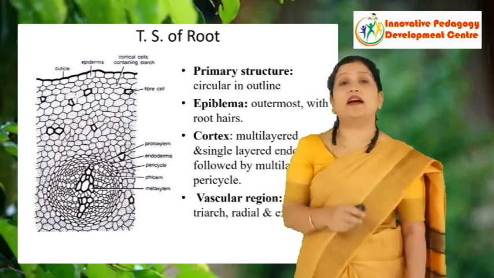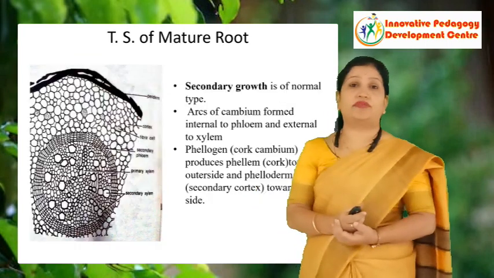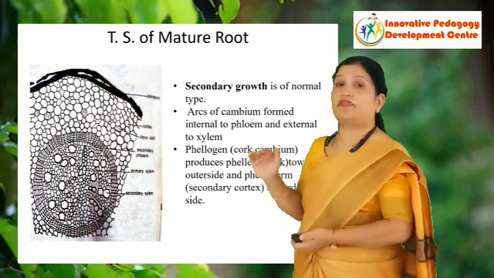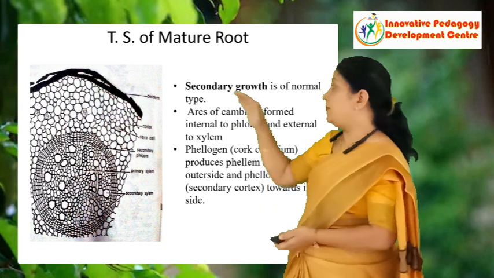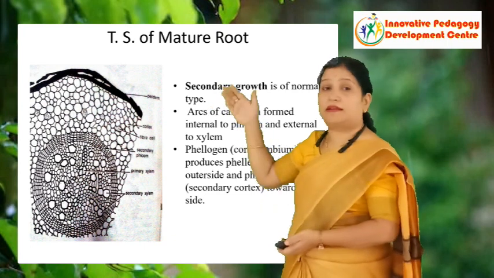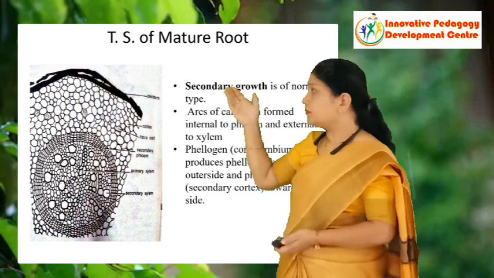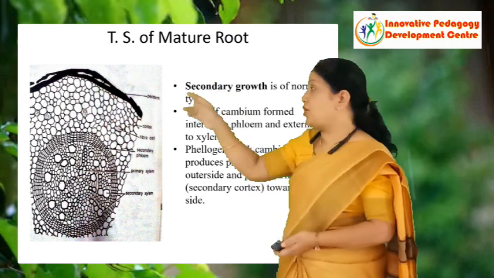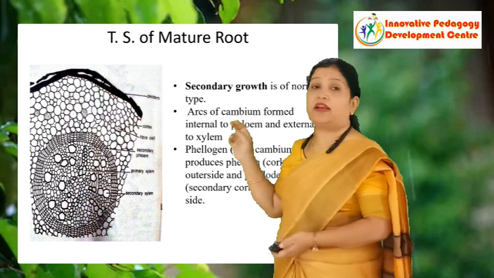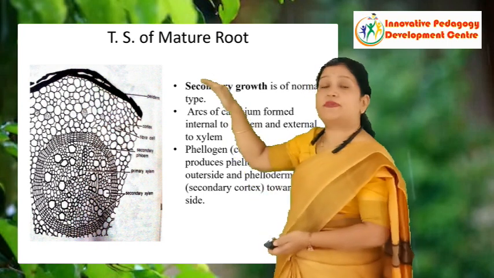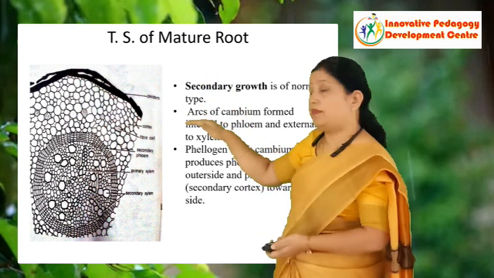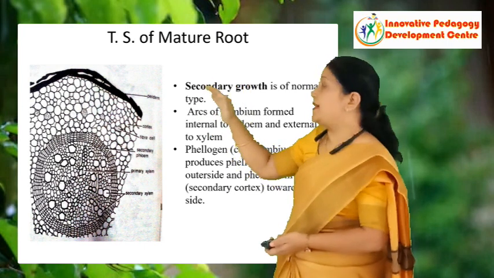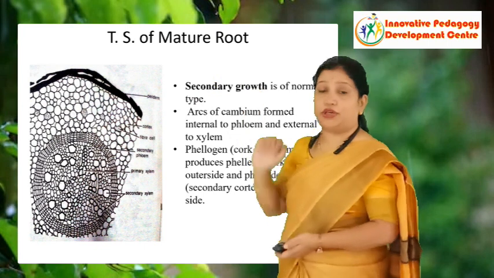Then regarding the secondary growth in the root, here you can see some of the arcs or strips of cambium. They are developed internal to the phloem and external to the xylem initially, and they start the cambium activity after joining with each other, forming a complete ring. The cambium develops the secondary xylem centripetally and secondary phloem centrifugally, and likewise there is an increment in the tissue.